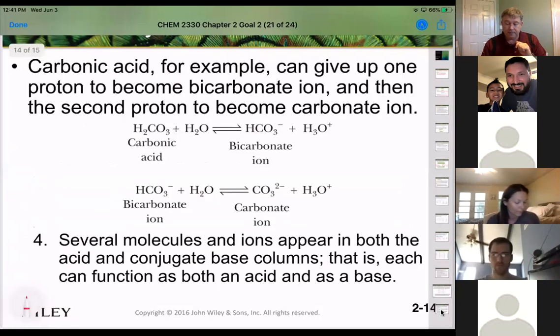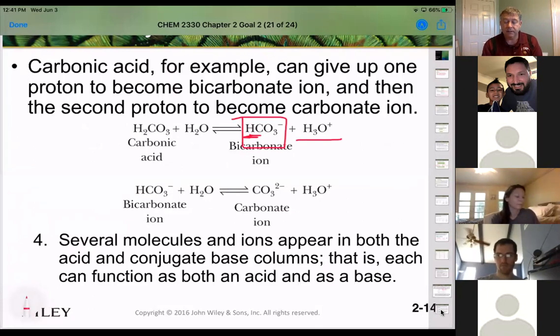And then, yeah, that's the example of carbonic acid, where when we first use water as the base here, we transfer 1 proton to create 1 hydronium ion, and you have the bicarbonate ion here, but it still has an acidic proton.